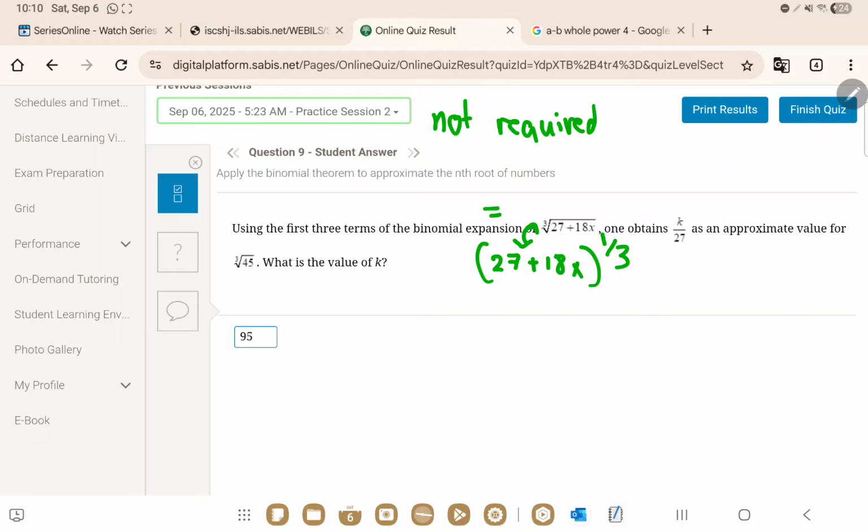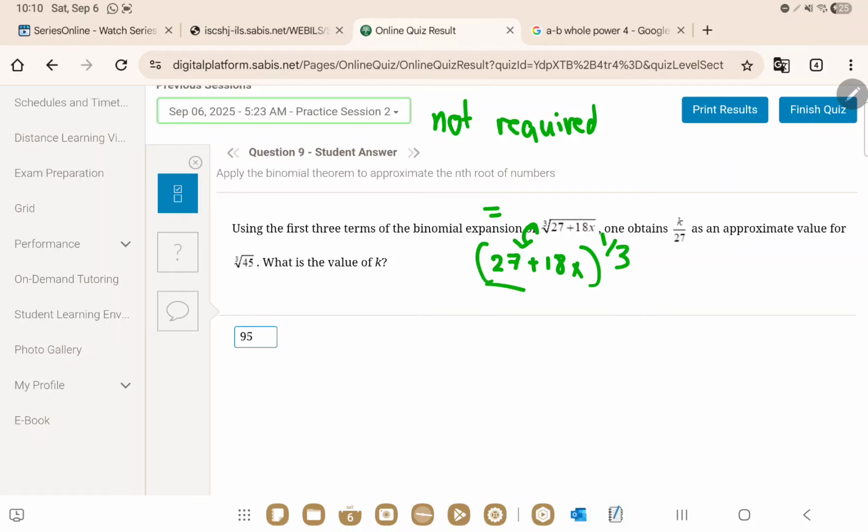So now when we want to do binomial expansion when you have a rational exponent, we need to make the a value 1. How do we make the a value 1? You factor out the a value, 27.